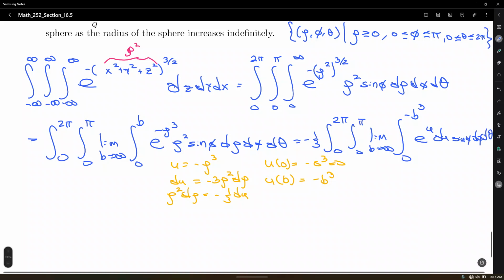All right, that looks ugly. Okay, so that's e to the u du sine phi d phi d theta.